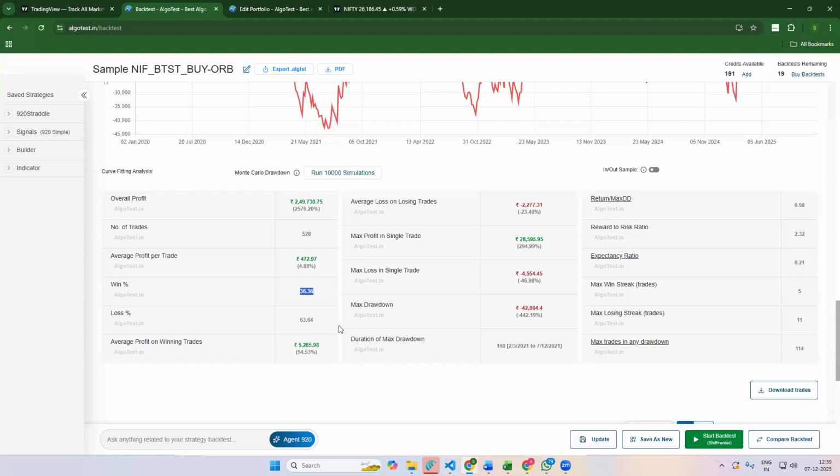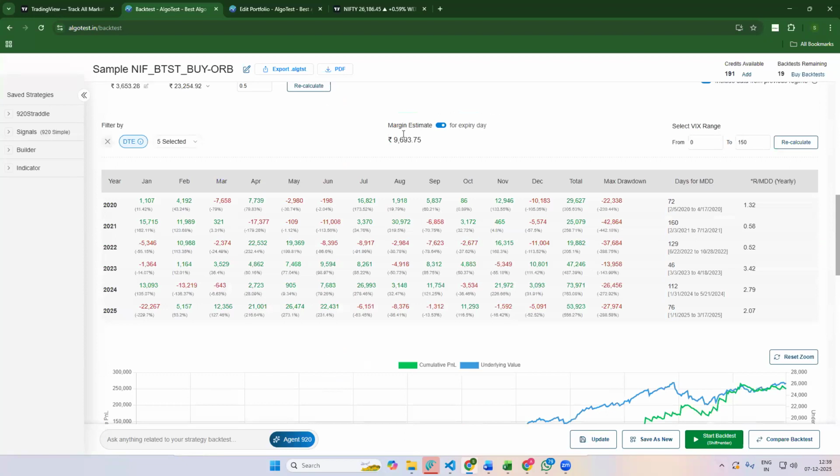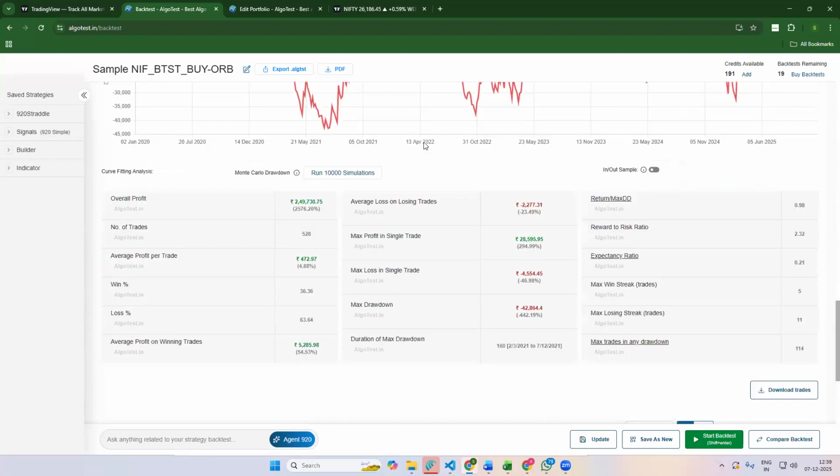But your investment is very small. What is your investment in this strategy? Only 10,000 rupees. Plus the max loss, around 4,500, plus the max drawdown.